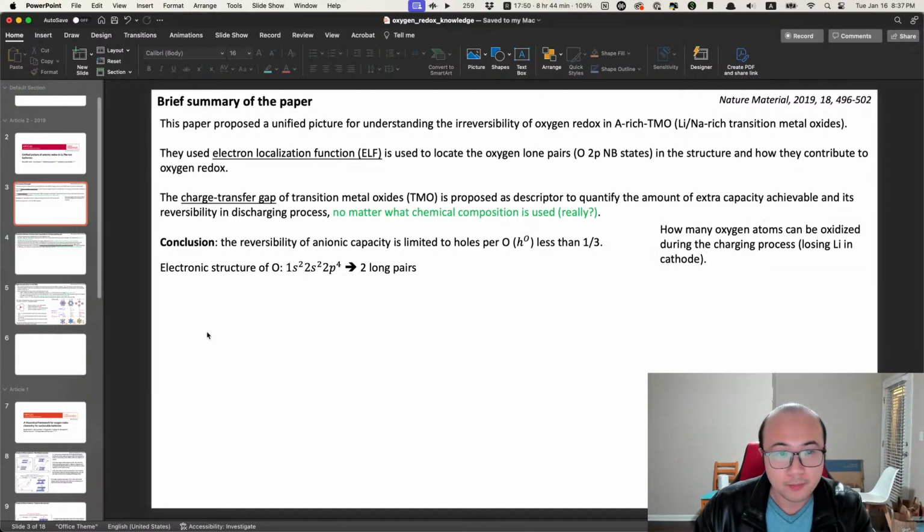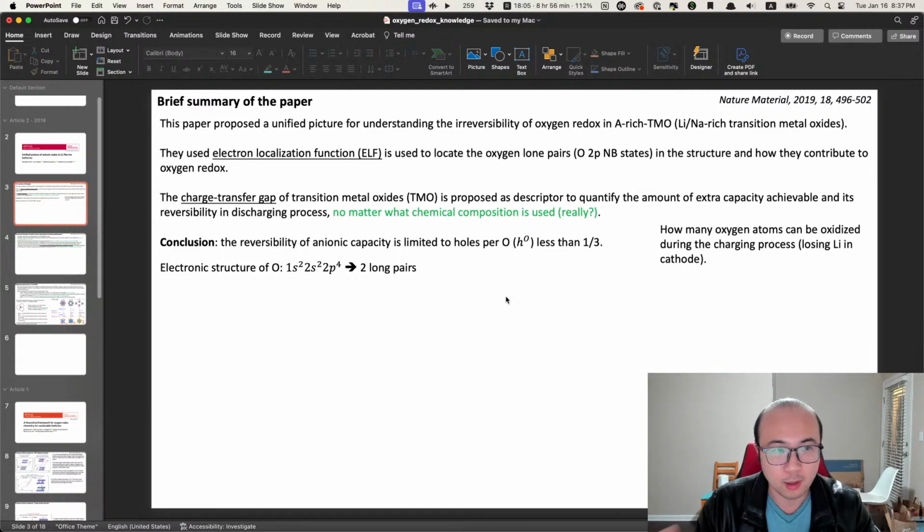All right. Conclusion is that the reversibility of ionic capacity is limited to 1/3 holes per oxygen. So holes basically means the number of electrons that is taken away from the oxygen.